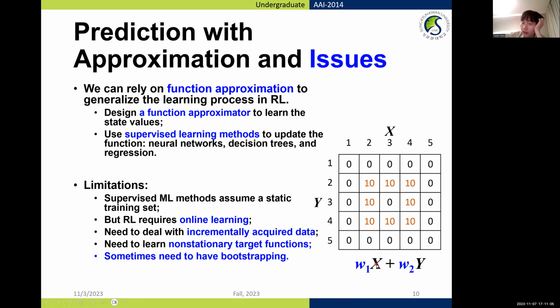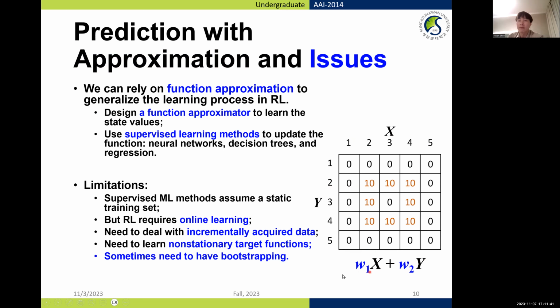We just cannot find the weights W1 and W2 to represent this situation, because X, Y will be represented by the index or coordinates 1 to 5, 1 to 5. So, for example, here we use 2 and 2, then you can just put in the 2 and 2 and find W1, W2.